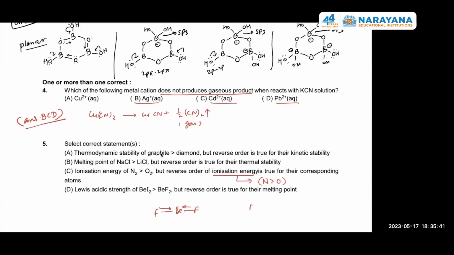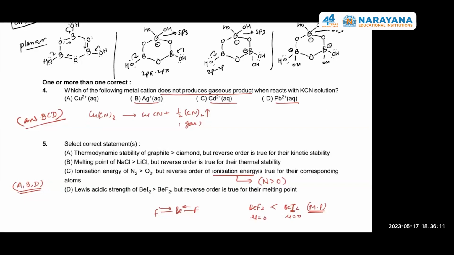See, BeF2 is a non-polar compound, and BeI2 is also non-polar. So in this situation, we go by the molecular mass order, and the melting point of BeI2 will be more. So the correct answer is A, B, D. C is not the answer. Okay. Is there any confusion left in this question now?